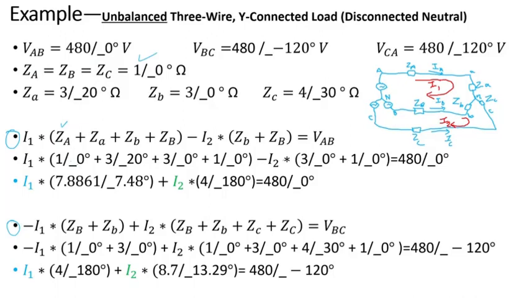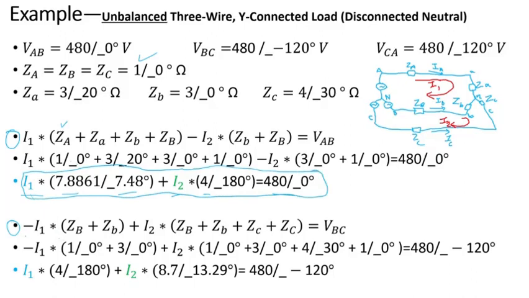If I simplify, I get this quantity here: I1 times 7.8861 with an angle of 7.48 degrees plus I2 times 4 with an angle of 180 degrees equals 480 with an angle of 0 degrees. So that is equation 1 with our values.